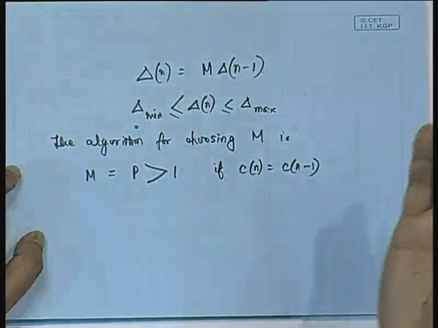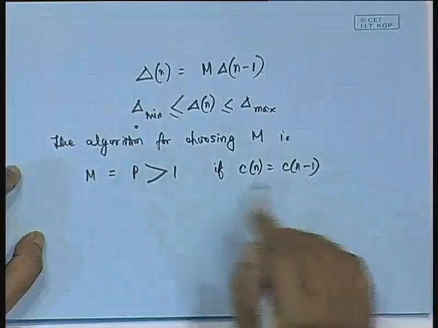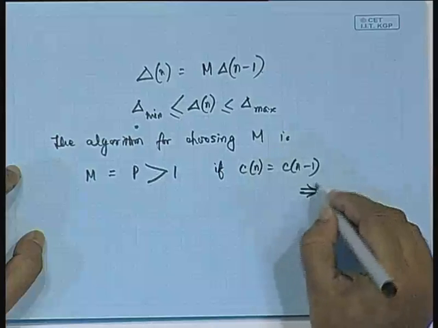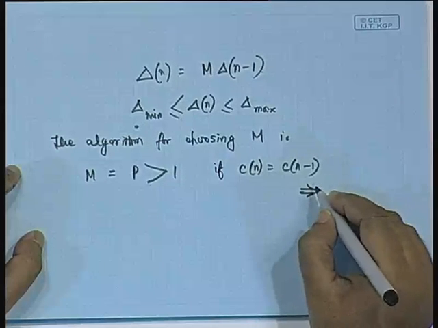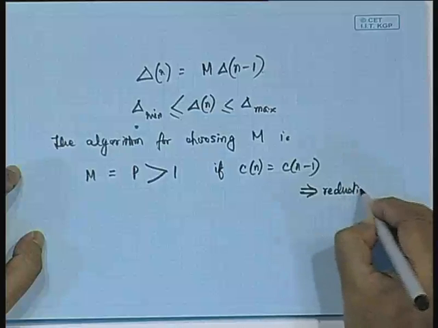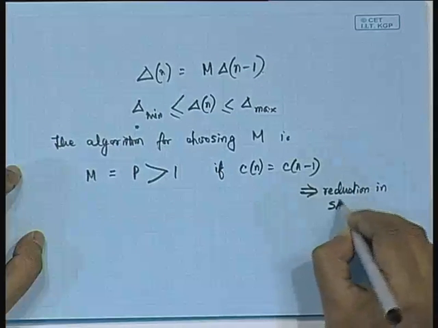The same thing I talked of qualitatively, I am now putting in a quantitative form by a factor p. So, p greater than unity when we observe Cn equal to Cn minus 1. This implies a reduction in slope overload.